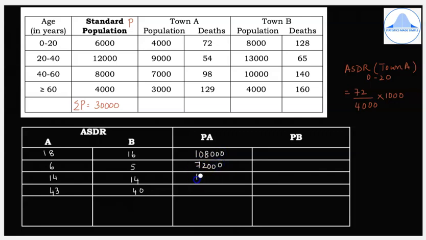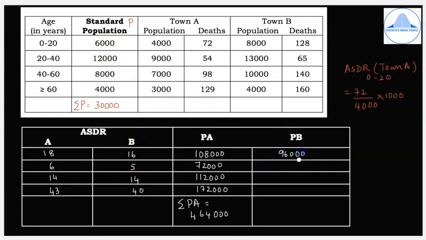Next, we have 1,12,000. Then we have 1,72,000. Then add up these values to obtain summation PA, which is 4,64,000.